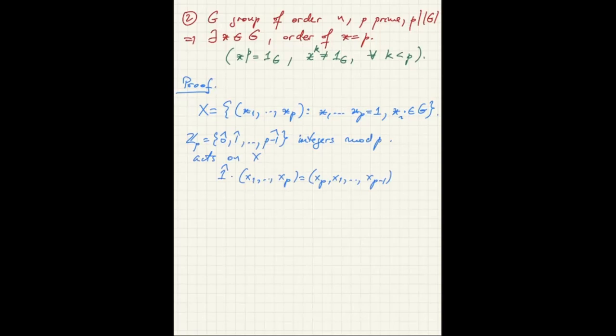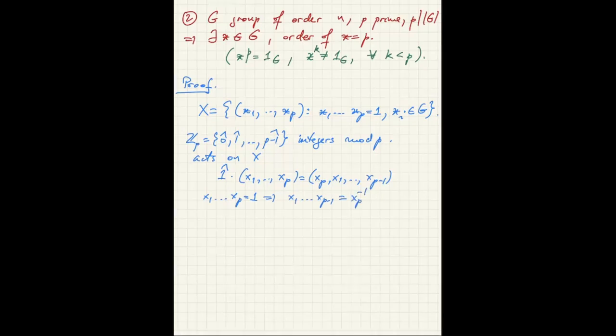Now you have to be a bit careful here when you prove that this is an action, because it's not enough just to shift these elements to the right. You have to prove that the product stays 1. Initially we have that X1 times ... times XP equals 1, and then if you multiply by XP inverse to the right, we get that X1 times ... times XP minus 1 is going to be XP inverse.